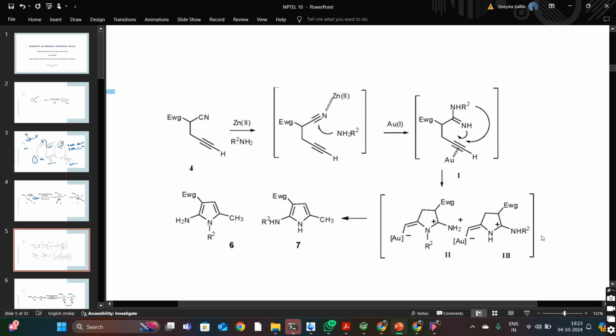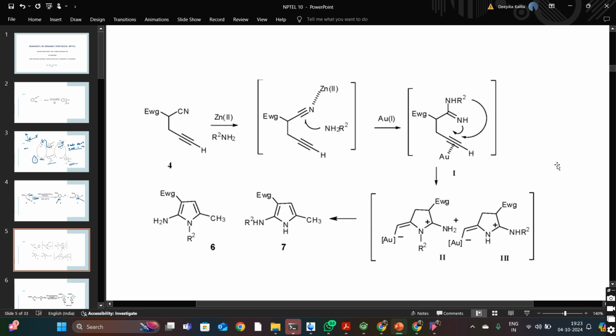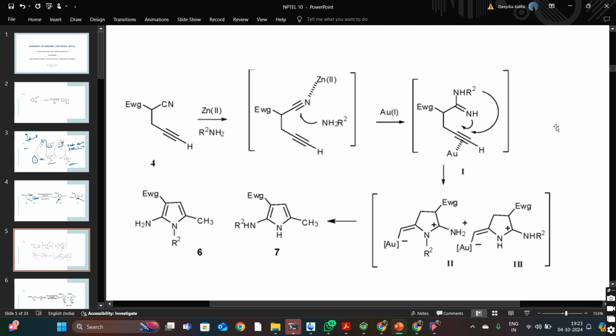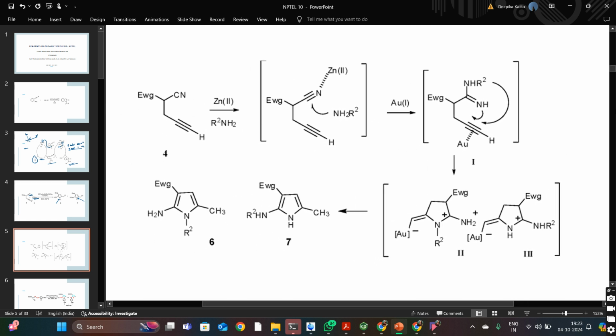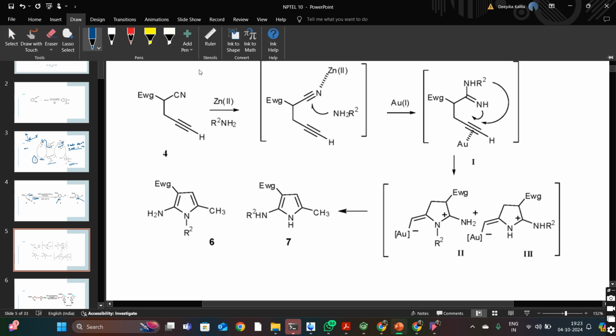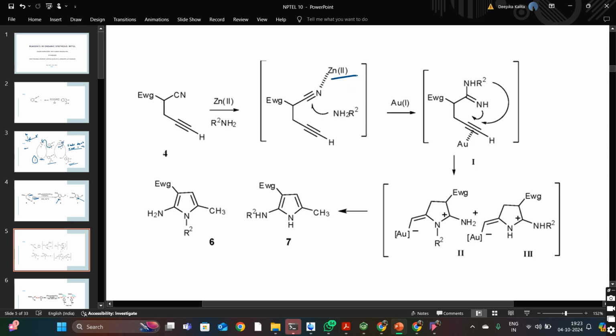Okay, so in the reaction, both zinc and gold catalyst combination is used, and zinc metal is good at activating nitrogen atoms. Okay, as you can see, the mechanism starts with the activation of the cyanide substituent with the help of the zinc metal.